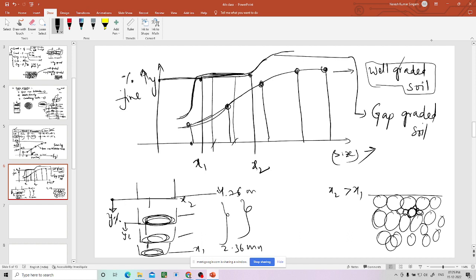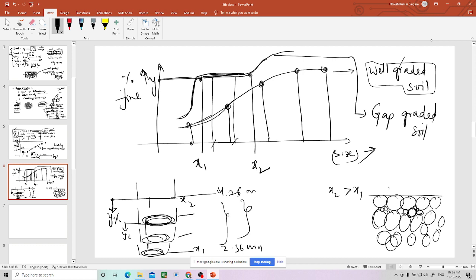So whenever you have different sizes in a soil, what happens? Automatically the soil becomes dense. Void ratio will be less. Voids will be less. So it will be stiffer. It will be dense. That is the reason why for any ground on which you are constructing buildings, you need to be sure that it is well graded soil so that it is dense soil.